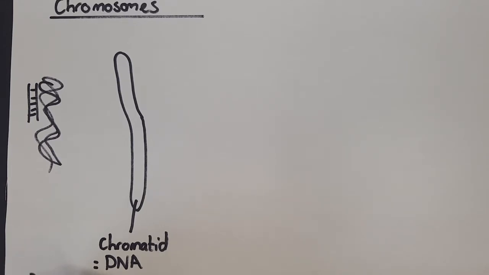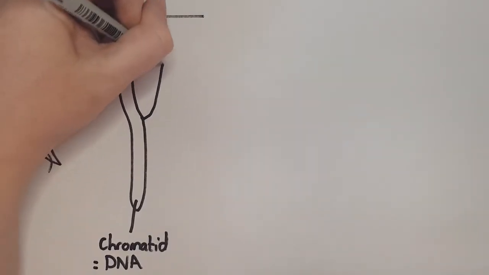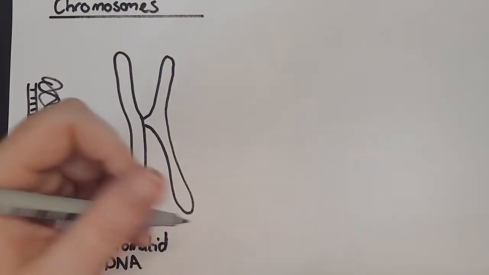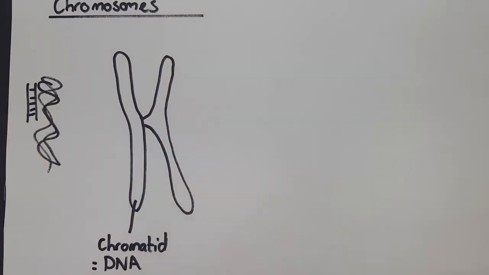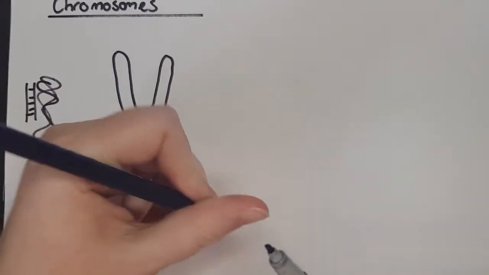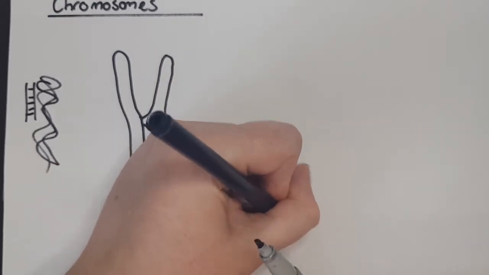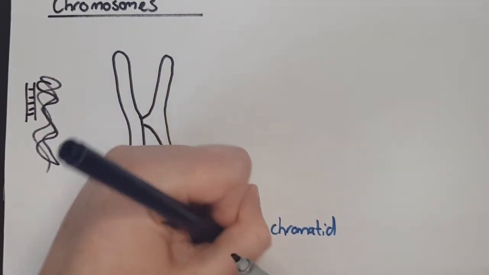So the first thing that happens is DNA replication, and we already know what happens in DNA replication and the stages. So this one chromatid is going to make an exact copy of itself, and it's going to make another chromatid. So this side is going to be an identical chromatid of DNA that's been replicated.